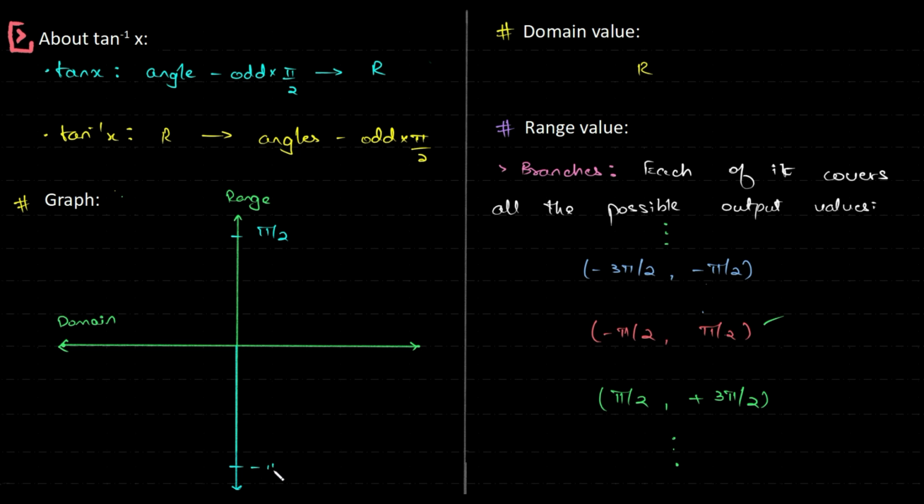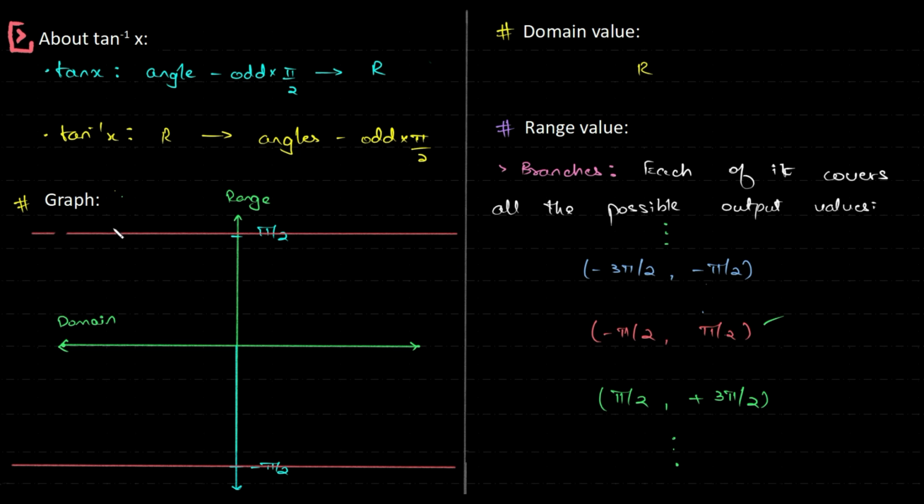So that would be your minus pi by 2. Now the graph would look like this. I need to draw a line parallel to your x-axis, passing through your minus pi by 2 and over here too.